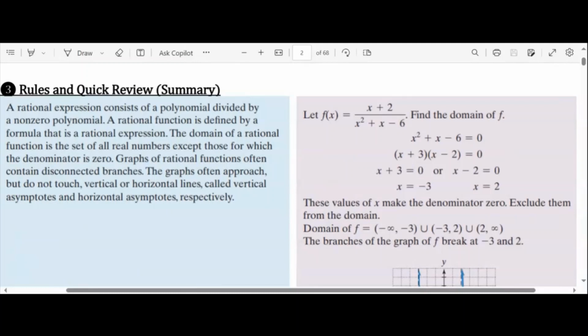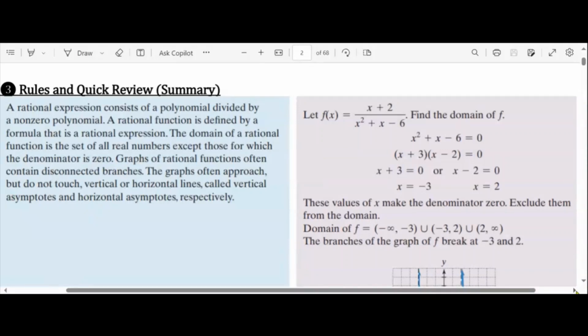The domain of a rational function is the set of all numbers except those for which the denominator is 0. Graphs of rational functions often contain disconnected branches. The graph often approaches but does not touch a vertical or horizontal line, called a vertical asymptote and a horizontal asymptote respectively.